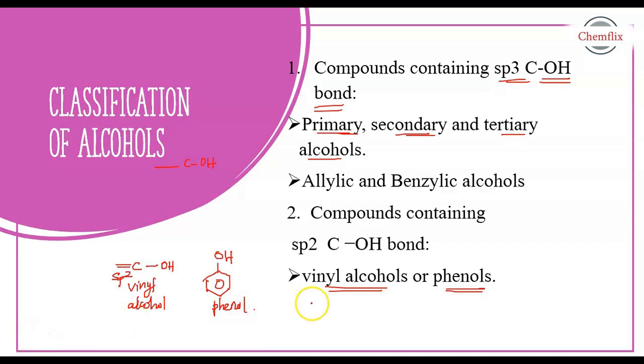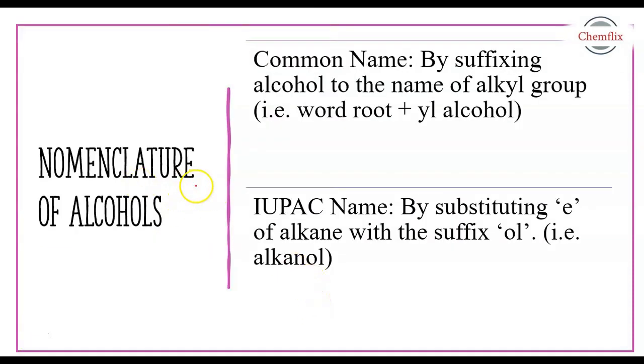Okay, now moving to the next slide, we are going to nomenclature of alcohol. The next slide is about the nomenclature of alcohol. First, the common name, by suffixing alcohol to the name of the alkyl group. So there is a word root and you have to add yl alcohol to this. For example, I am going to write CH3CH2CH2OH. That is the compound that I am going to name right now. Here you have to find out the word root.